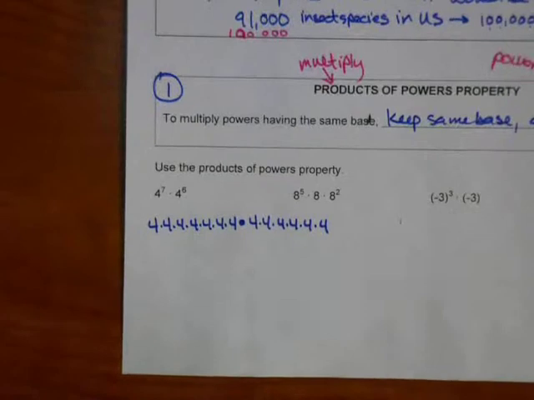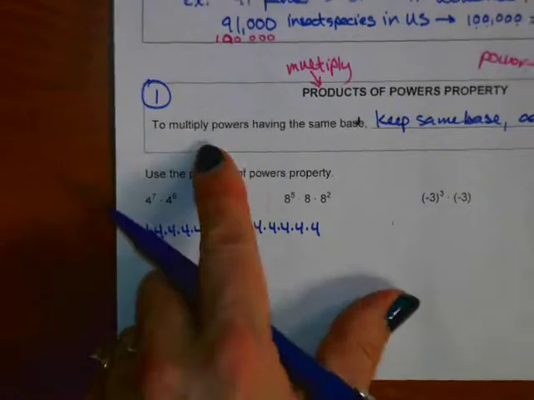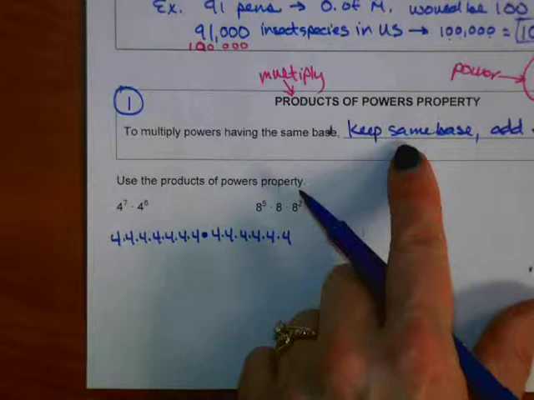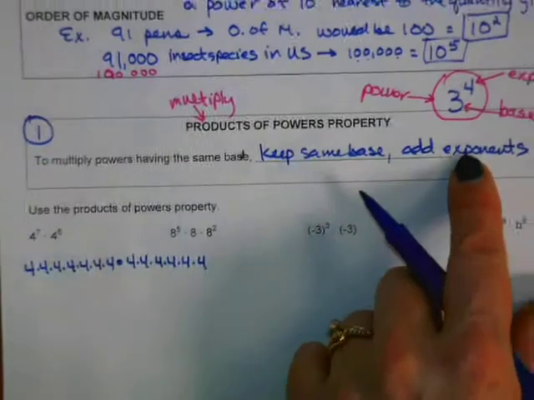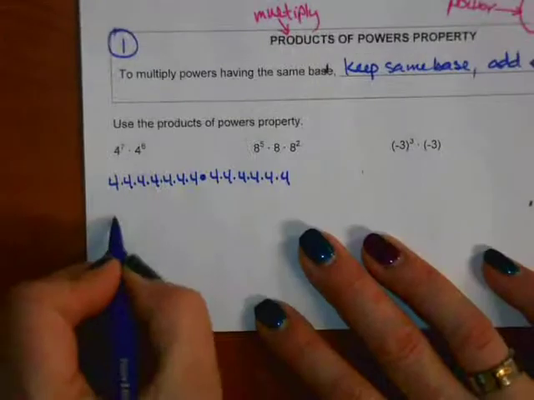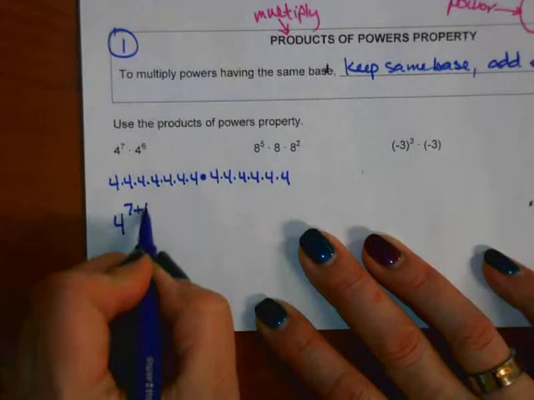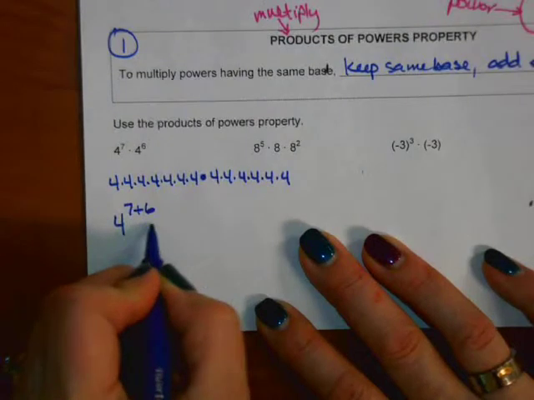Wow, that would be a pain to write all out, wouldn't it? How many 4s do I have altogether being multiplied? 13. Oh, that's what that says. To multiply powers having the same base, you keep the same base and you add the exponents. So all I really have to do is 4 to the 7 plus 6 equals 4 to the 13.